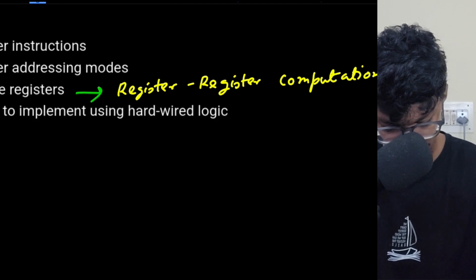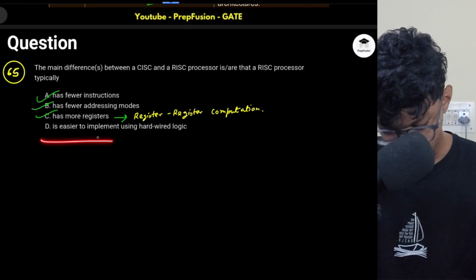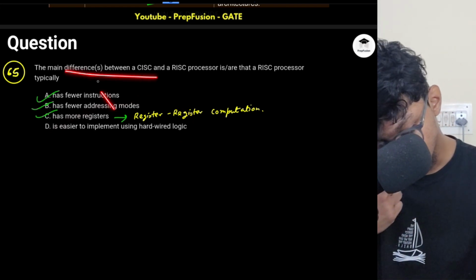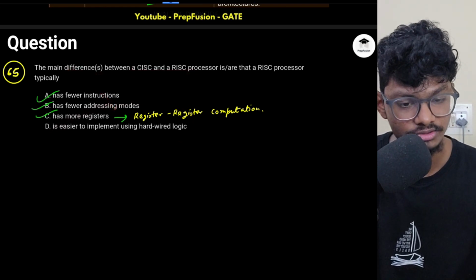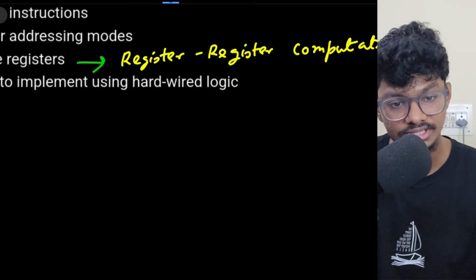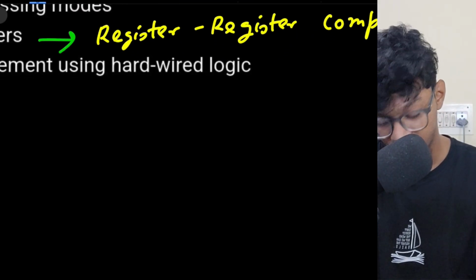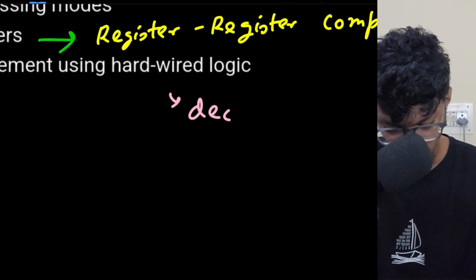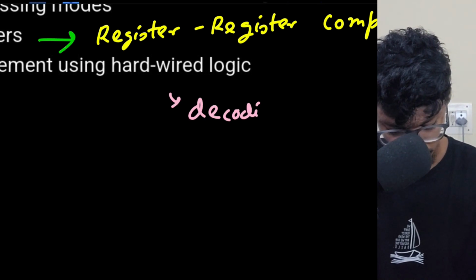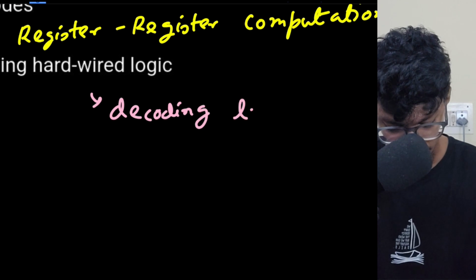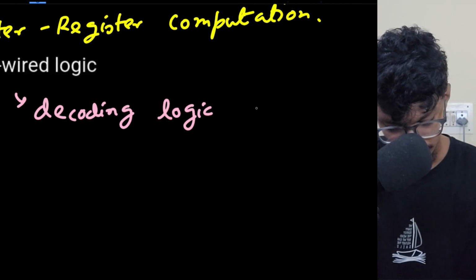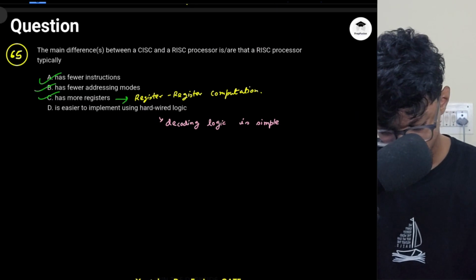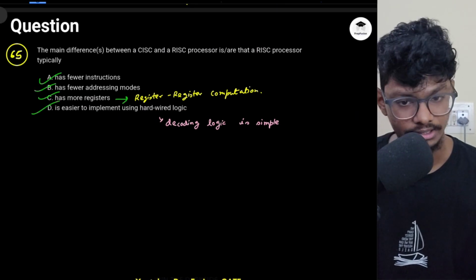Is easier to implement using hardwired logic? Yes, a RISC processor is easier to implement using hardwired logic, because decoding logic is simpler. So option D will be correct. All the options will be correct.